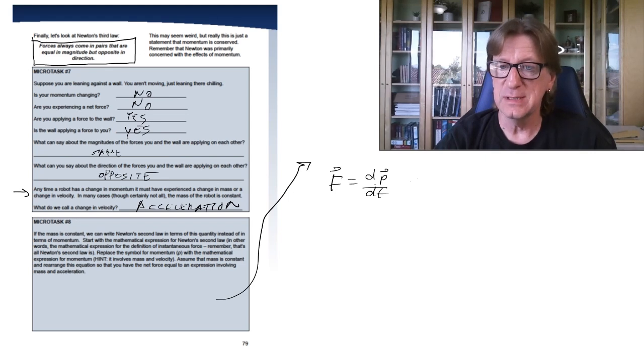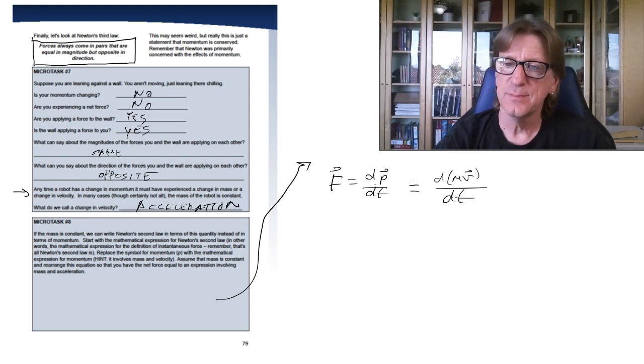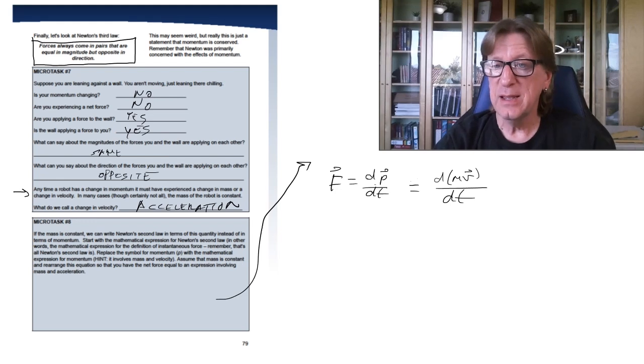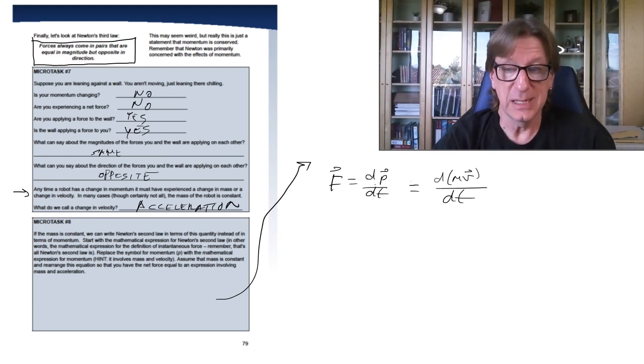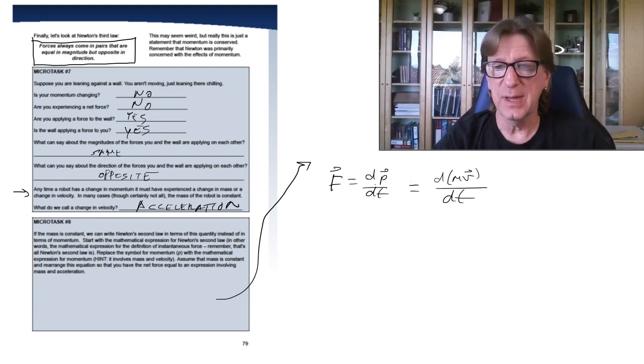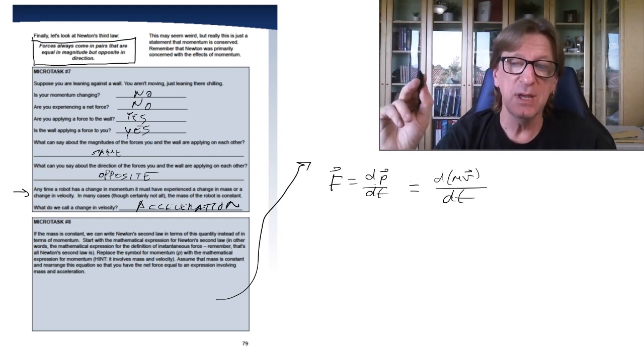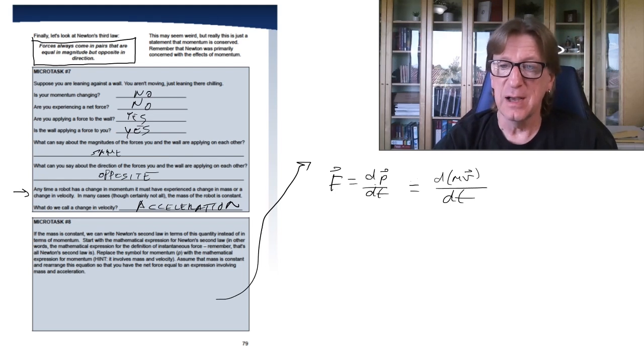A force is defined to be the change in momentum in a certain amount of time. Well, okay, we can put in the definition for the momentum. That's mv, which is also a vector. So far, so good. If the mass changes in time, as it usually will, I can't pull that mass outside my derivative, can I? But for the very special case where mass is constant, I can do that.